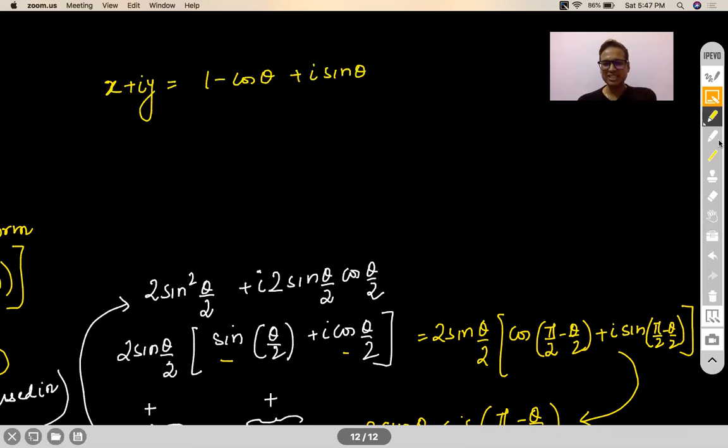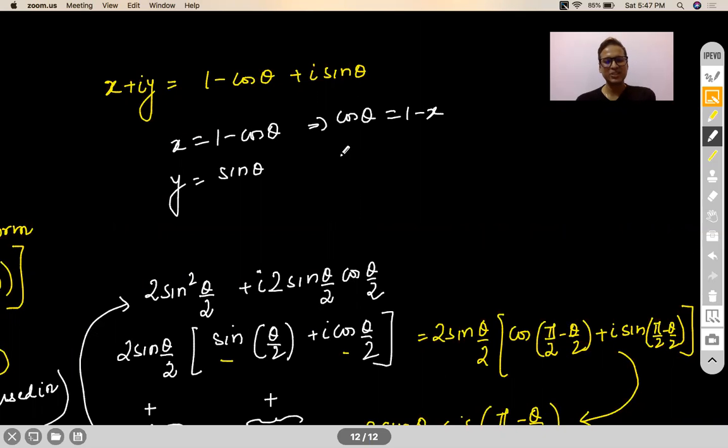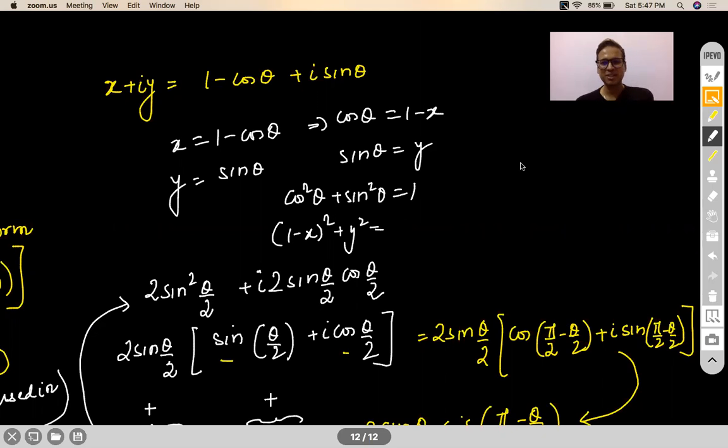Let's say if you had this as a complex number, then x is 1 minus cos theta and y is sine theta. So your cos theta would be 1 minus x, and your sine theta would anyways be y. Use the formula that cos square theta plus sine square theta is equal to 1. So this is the path that it will trace, and it is that of a circle.